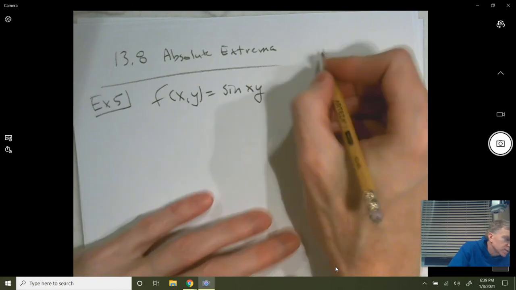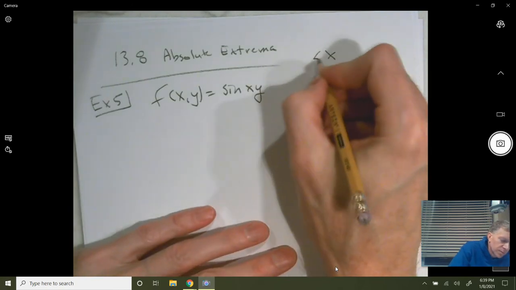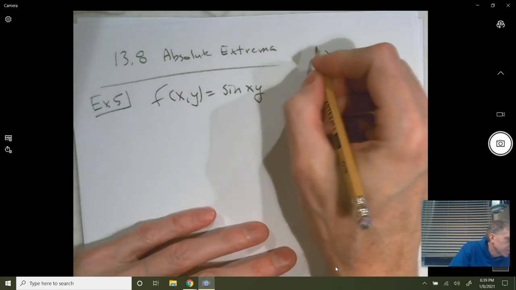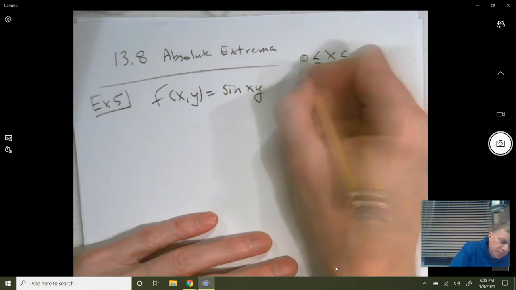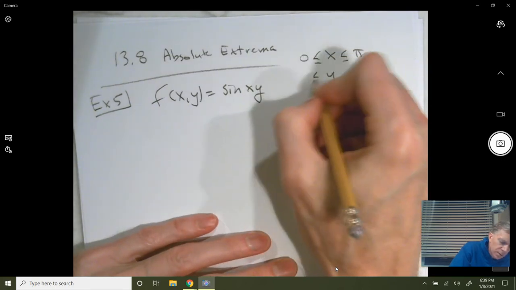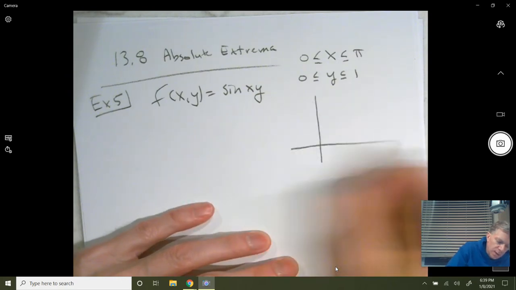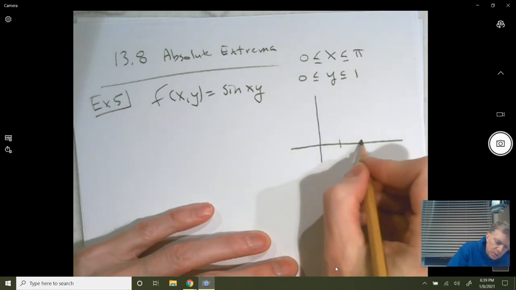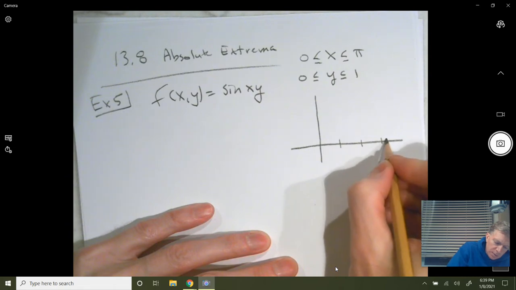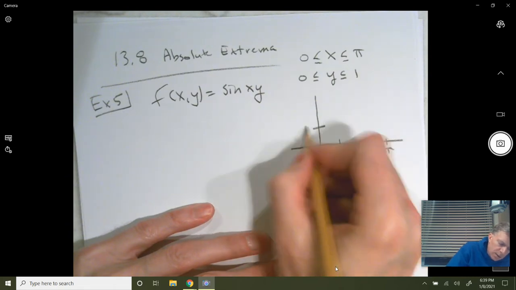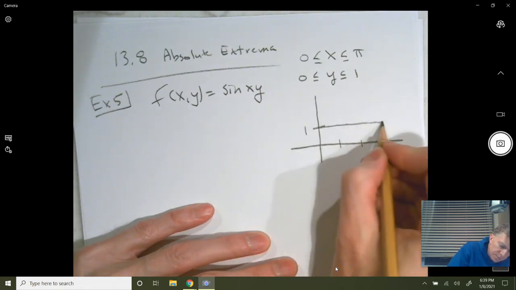So here our region is going to be x goes from 0 to pi, and y goes from 0 to 1. Okay, so usually we'll draw the region. X goes 1, 2, 3, and then pi is a little more than 3, and 1. So here's our region.